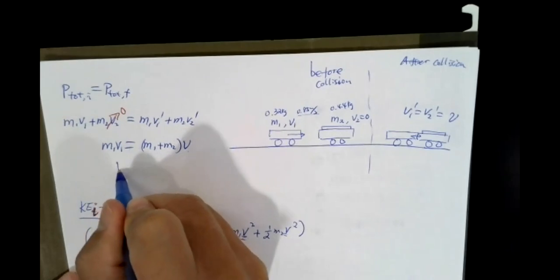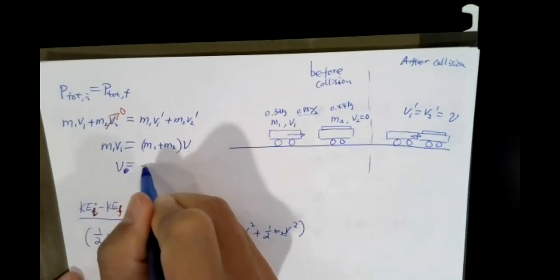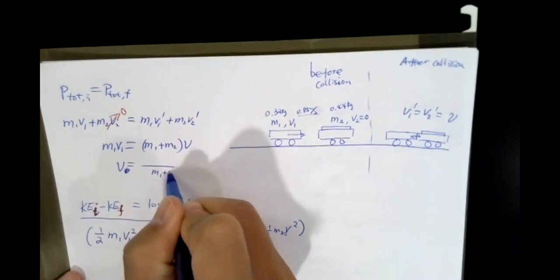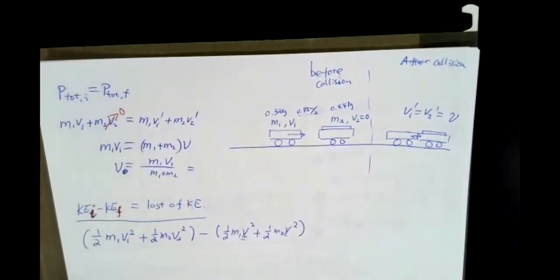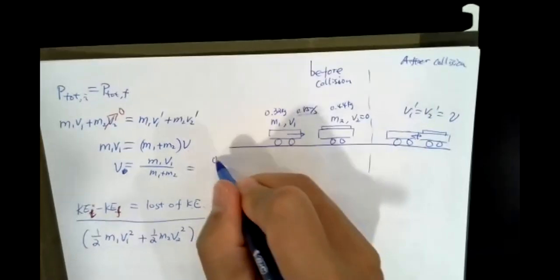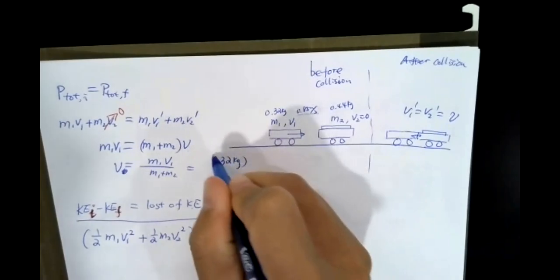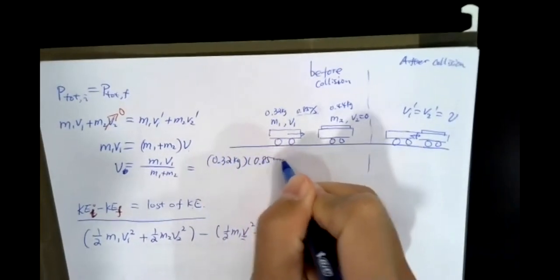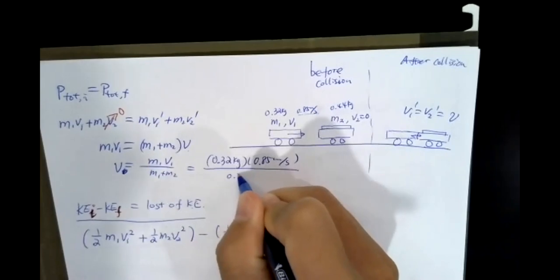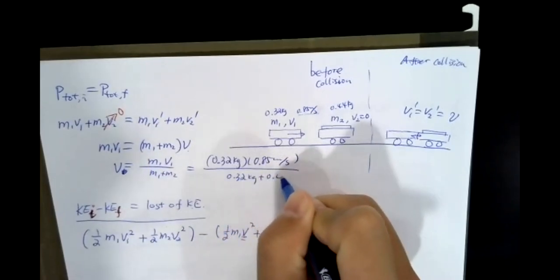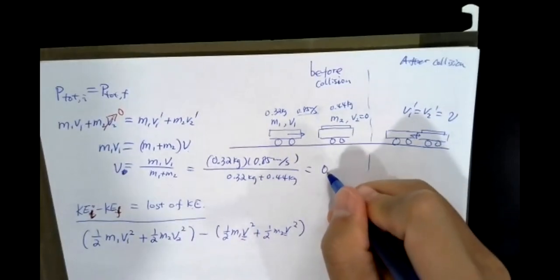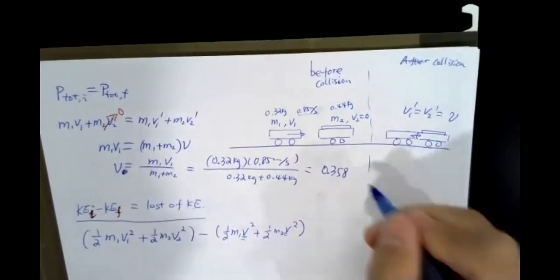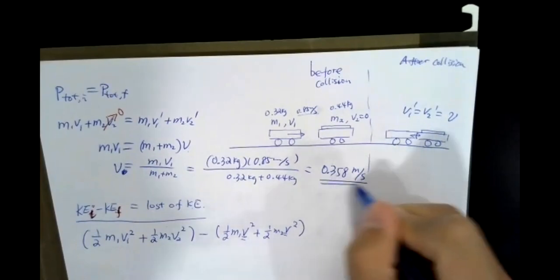So V is equal to, dividing both sides by m1 plus m2, m1 v1 over m1 plus m2. Plug in your numbers: 0.32 kilogram times 0.85 meters per second divided by 0.32 kilogram plus 0.44 kilogram. And your final speed of the two together will be 0.358 meters per second.